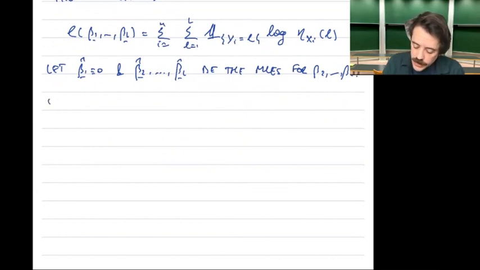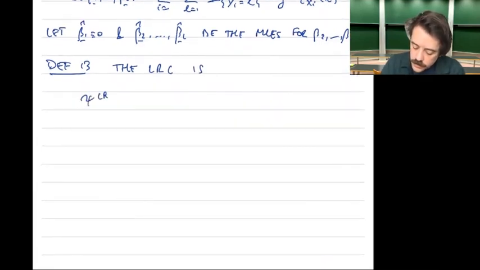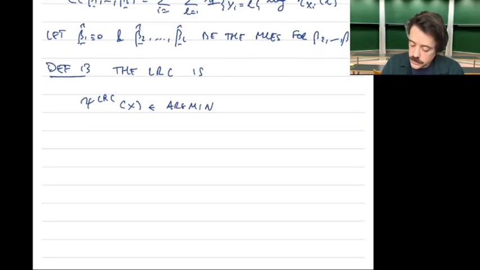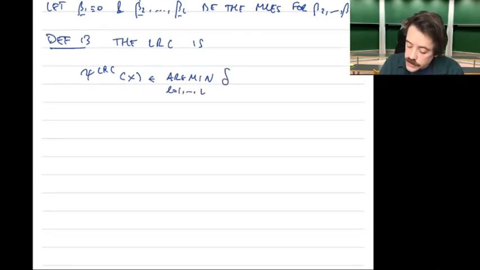Okay, so now we're ready for the definition of the classifier, which is that the logistic regression classifier is given by this guy, that we classify a given x in R^p, in this case, according to the argmin over all of the possible labels of this discriminant function, which is in itself given very simply by this product here.